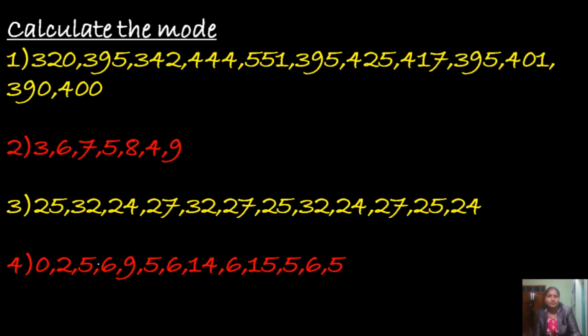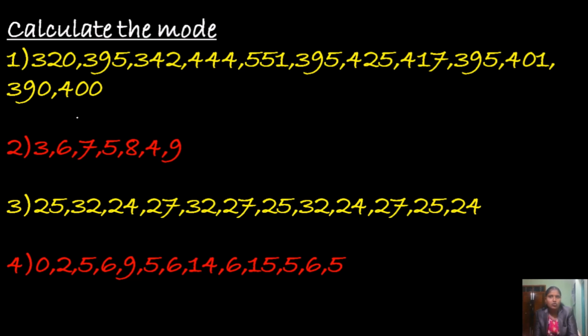Calculate mode. In the first example, we have a set of observations given: 320, 395, 342, 444, 551, 395, 425, 417, 395, 401, 390 and 400.